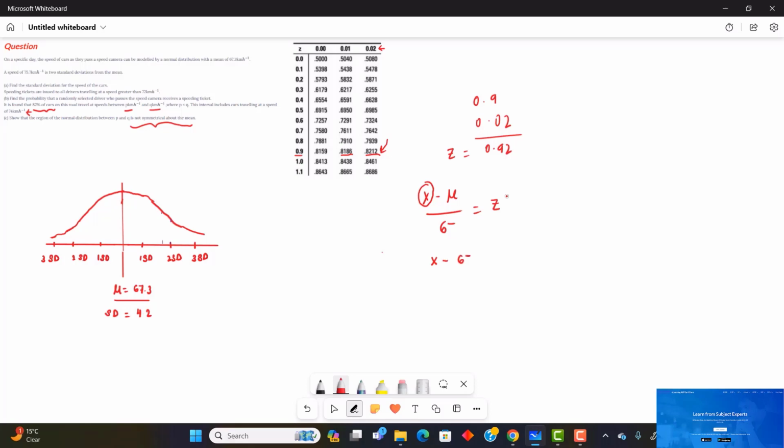X minus 67.3 divided by 4.2 should be equal to 0.92. Using this formula, we should be able to find the value of x.